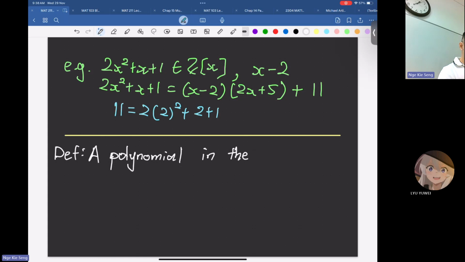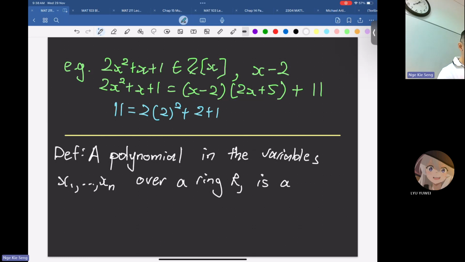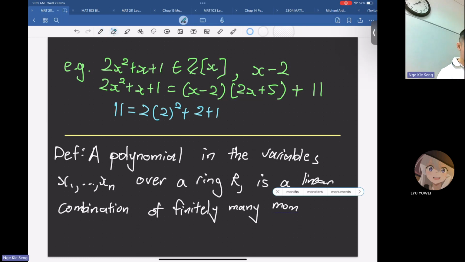So a polynomial in variables x1 up to xn with coefficients in a ring R is a linear combination of finitely many monomials with coefficients in R.